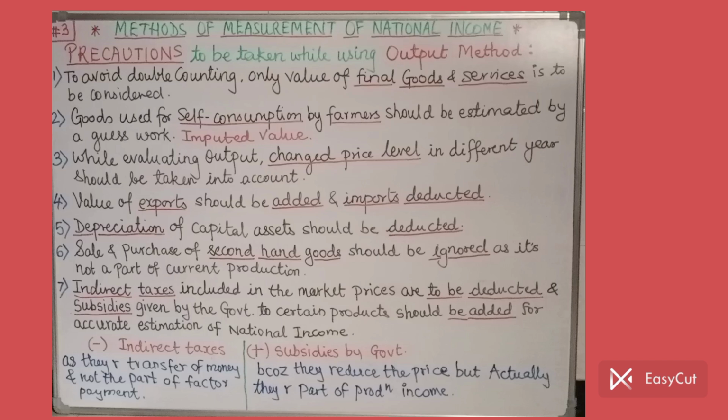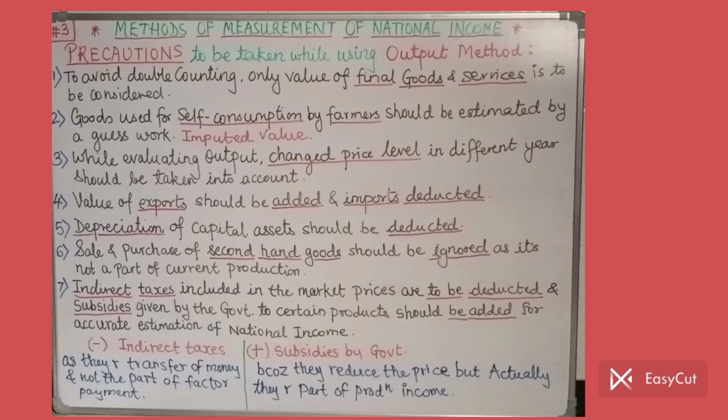Whereas on the subsidy side, because I have written it in shortcut, subsidies reduce the price. Since a subsidy is given, the product is shown at a lower price, but this subsidy, though given by the government, is in reality a part of production income. When we add up the subsidy, we arrive at the correct value of that particular product. So point number 7: indirect taxes deducted, subsidy added. You don't have to give the explanation or reason why it should be added and deducted. That I have given just for your additional information.